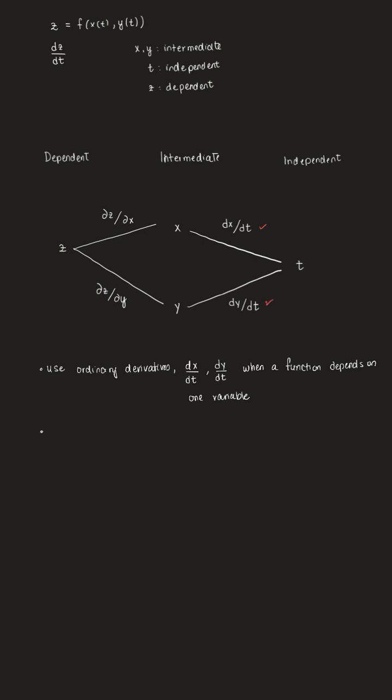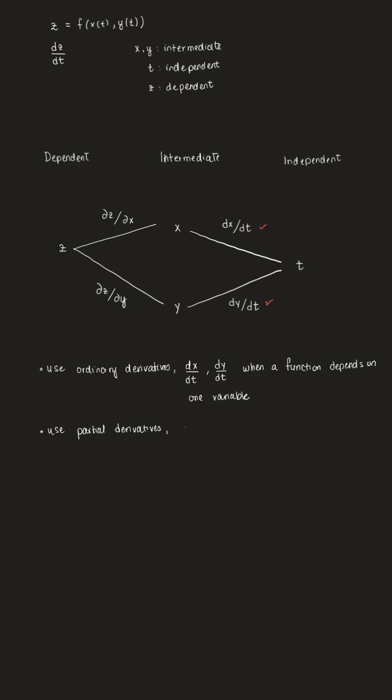Now, we use partial derivatives when a change in a function is caused by more than one variable. So when a function depends on more than one variable.